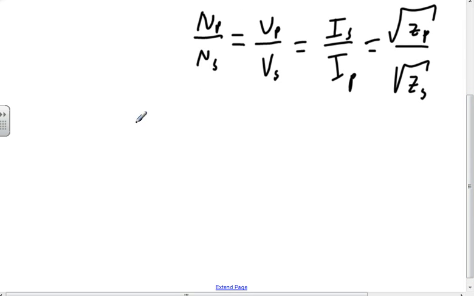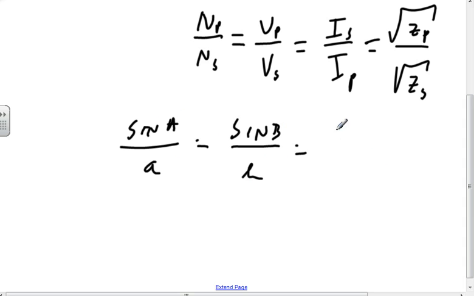We say sine A over A is equal to sine B over B is equal to sine C over C. But we really don't mean that at all. What we mean is that we can take this guy and have him equal to this guy, or have this guy equal to that guy, solve them, come up with an answer, and then use it someplace else, but we don't use them all together. That's not a mathematical thing.